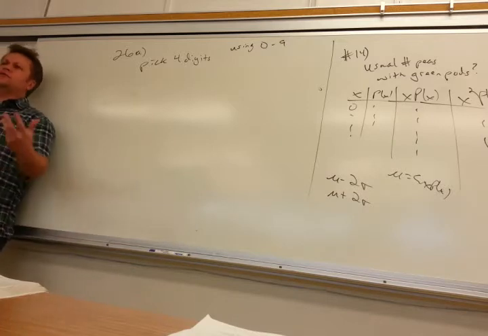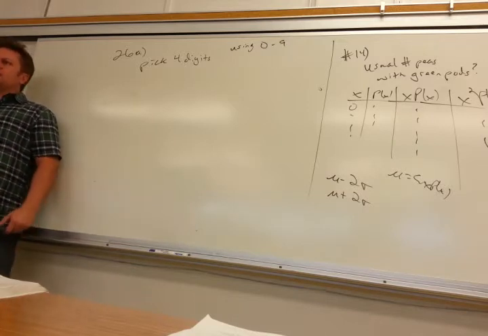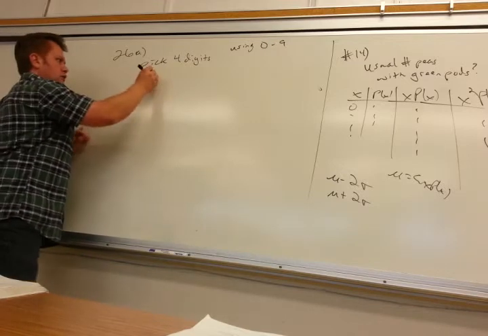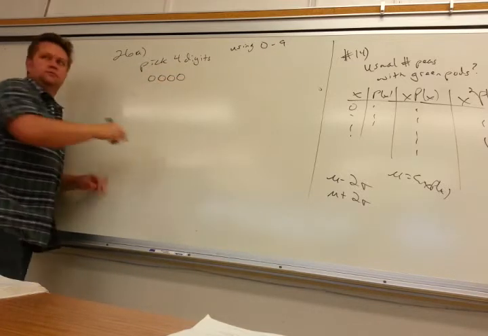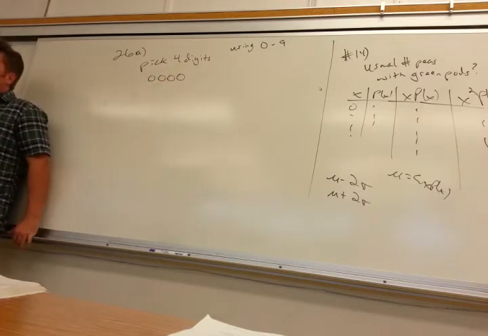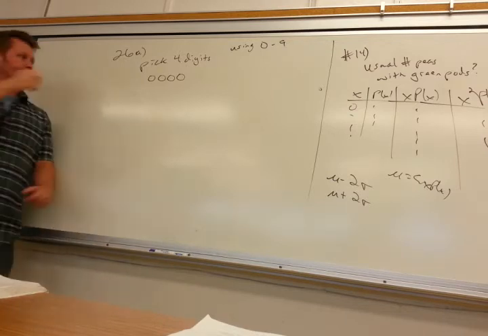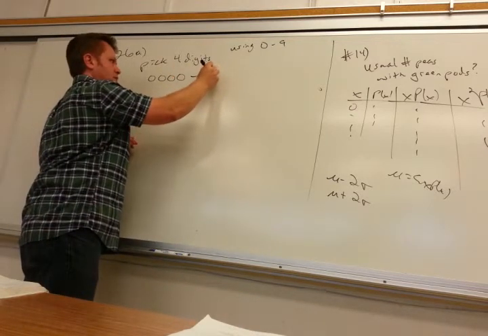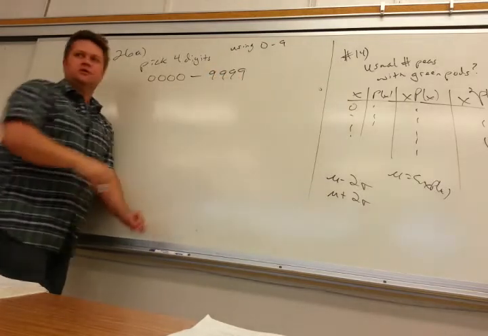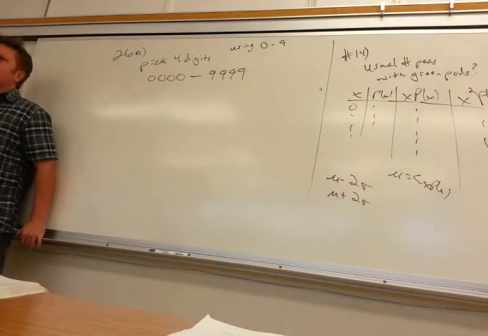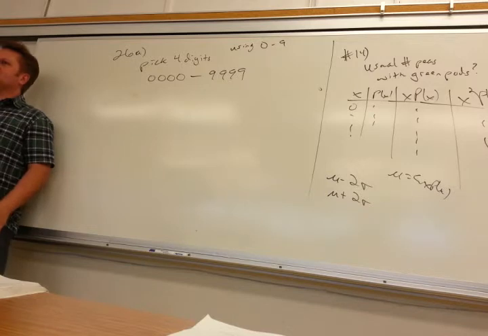What's the smallest 4-digit number you can come up with? It sounds weird, but you actually could have 0, 0, 0, 0, up through, what's the highest one? 9, 9, 9, 9. Well, how many numbers is that? 10,000, right?